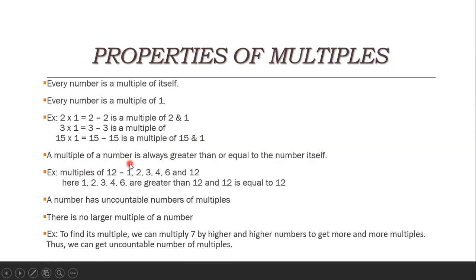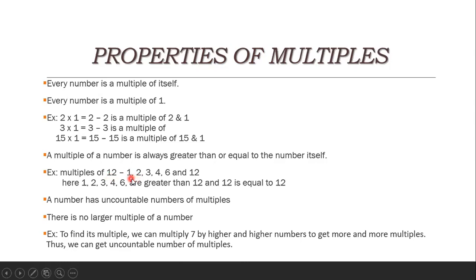Next, a multiple of a number is always greater than or equal to the number itself. See here what it is. See, multiples of 12. So what are the multiples? That means in 12, whichever tables we get, you have to write.